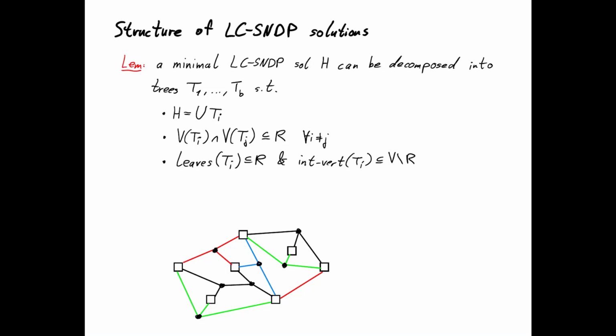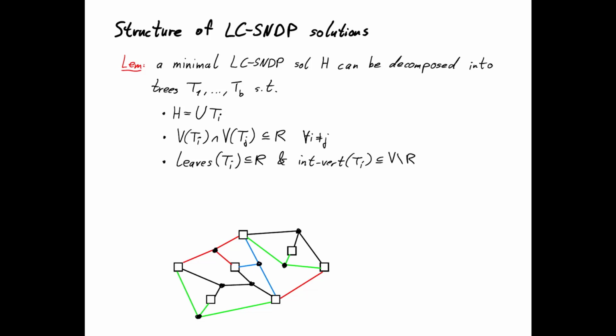And these trees only overlap in terminals. The leaves of the trees will be terminals, and the internal vertices of the trees will be non-terminals. You can see these colors; each color is a different tree in this example.